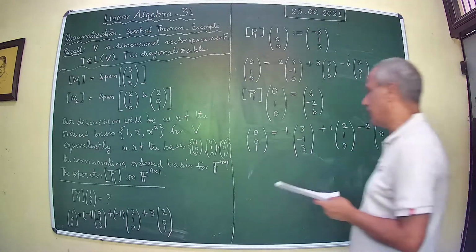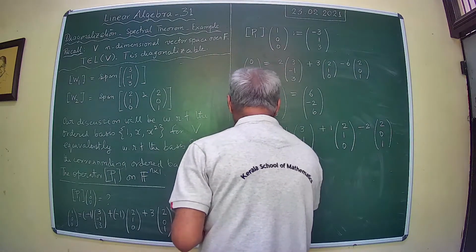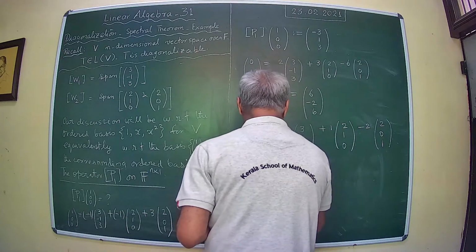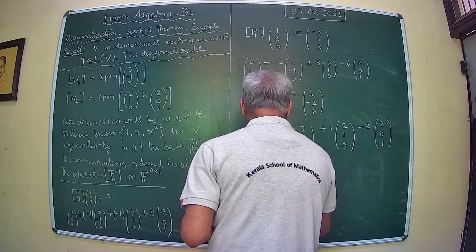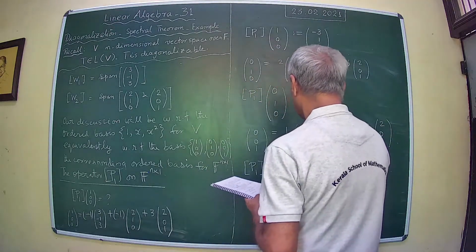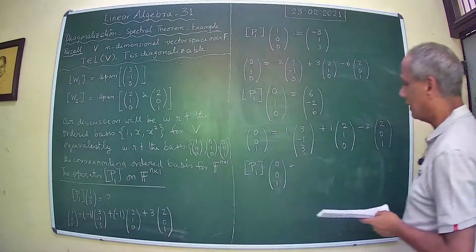And from this we have P1 of 0 0 1. This again you can check quickly.